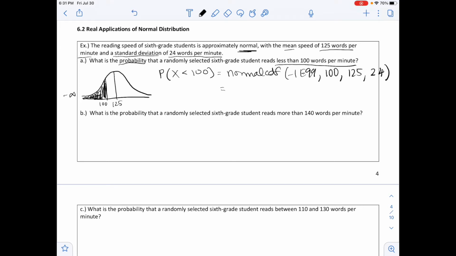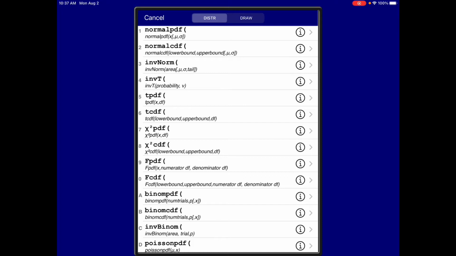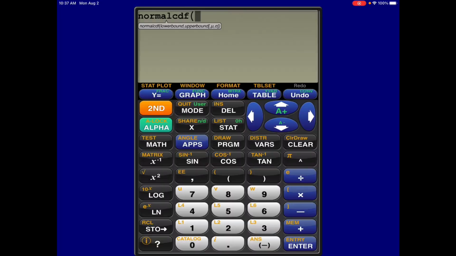The usefulness of this is that as a teacher or as a district, they can figure out the probability of this happening and target those students to get them the help that they need. On your calculator, you're going to go to second, VARS, select normal CDF, and enter our lower bound, our upper bound, our mean and our standard deviation.